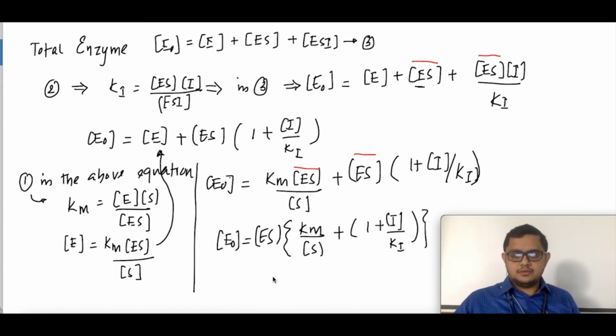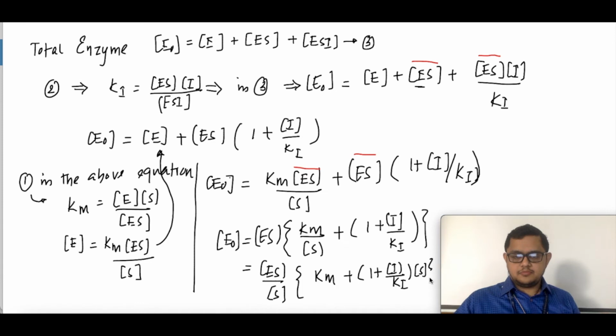Just take the LCM here. So, if I am taking LCM, this becomes Es divided by S, because S is common, into Km plus 1 plus I by Ki into S. So, you can take this as equation number 4.